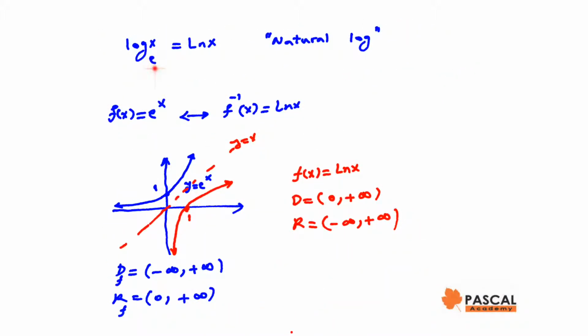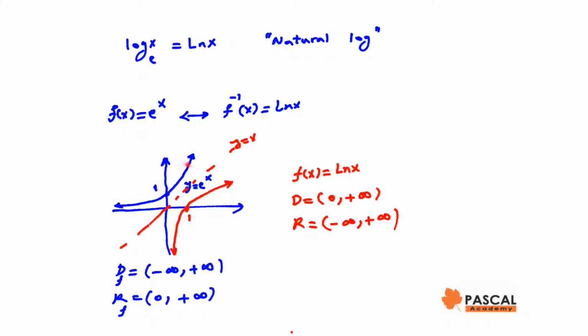Log of x base e, which is called natural log, is denoted by ln of x. If we consider f of x equals e to the power of x, its inverse would be log of x base e, which is the same as ln of x. The graph of e to the power of x is the graph of an exponential function with base more than 1.